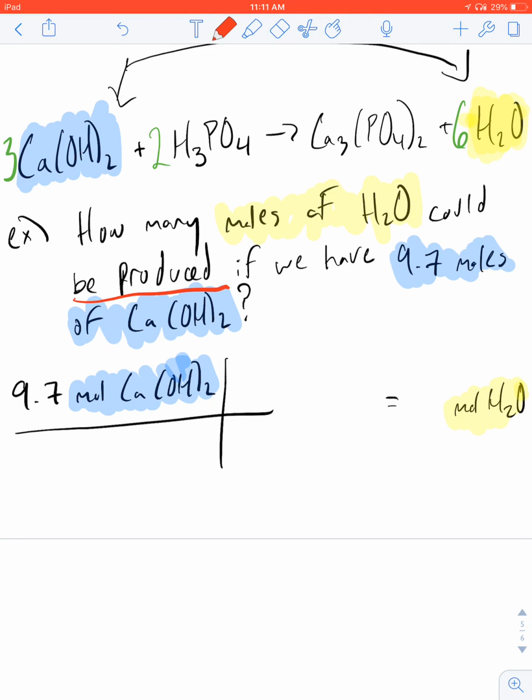That's reiterating the fact that H2O is a product, while calcium hydroxide is a reactant. This is going to become more important later on in the chapter, so I'll emphasize the language a little more then. But for right now, it's good to just remember.